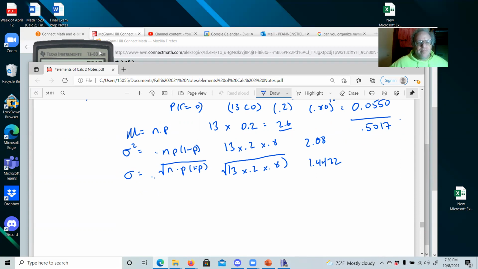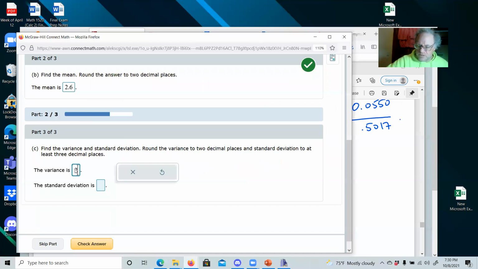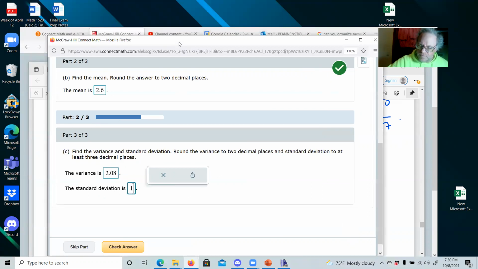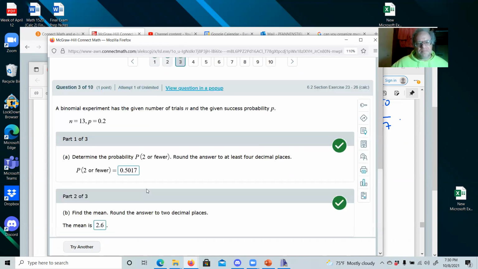All right, so let's go ahead and take a look at our problems here. All right, so we want 2.08 here. 2.08, standard deviation, 1.4422. Okay. It says at least 3 decimal places, so technically they might complain. Oh, they didn't. Look at that. They took it. Good for them.